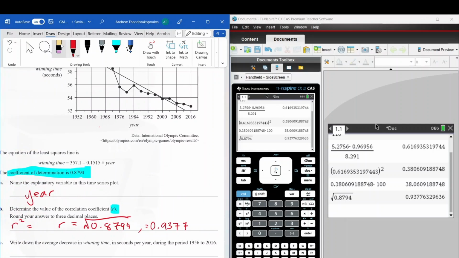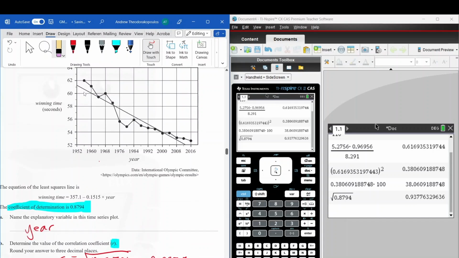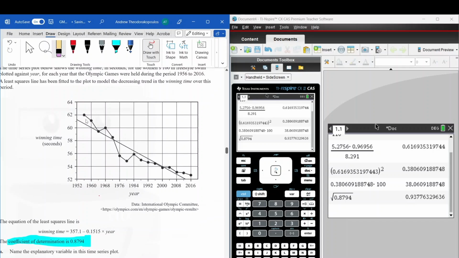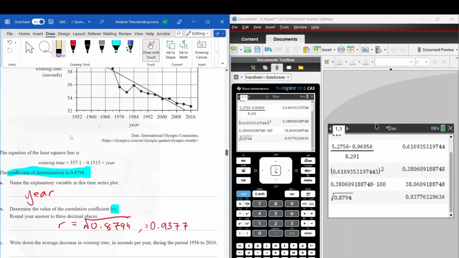Now, there's a couple of things here we need to adjust. We know that this is the R value, but we also know, if we look up here, that the data points are going downwards. It's really important that you recognize that if the data points are going downwards, then this is going to be a negative R value.